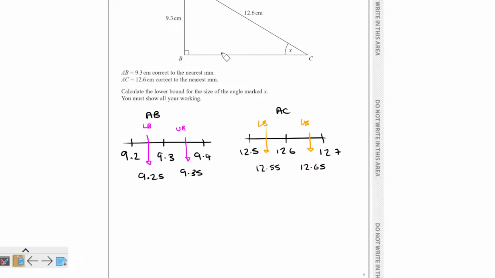So first of all, now I'm going to look at how do I work out the size of the angle in the first place, using obviously SOHCAHTOA. So opposite is 9.3, hypotenuse is 12.6, so I'm going to use sin, which our formula for the angle, sin of the angle x, would be opposite over hypotenuse.